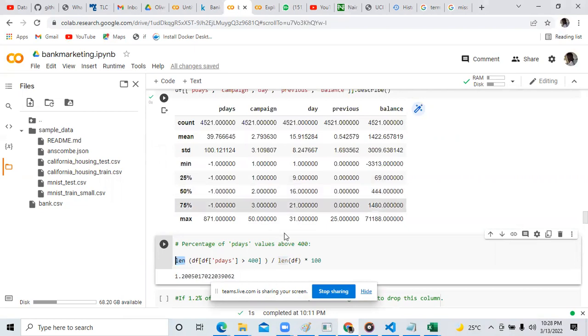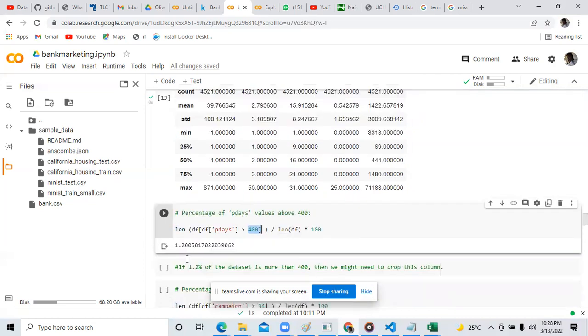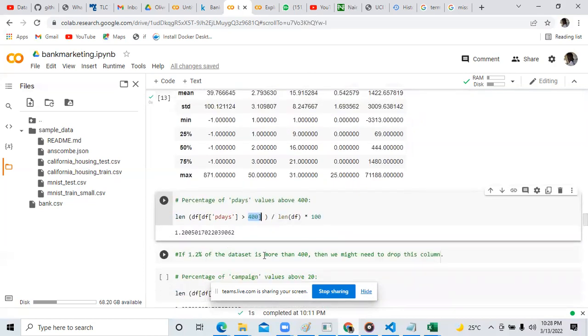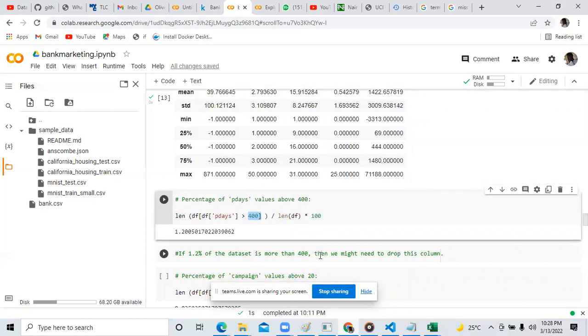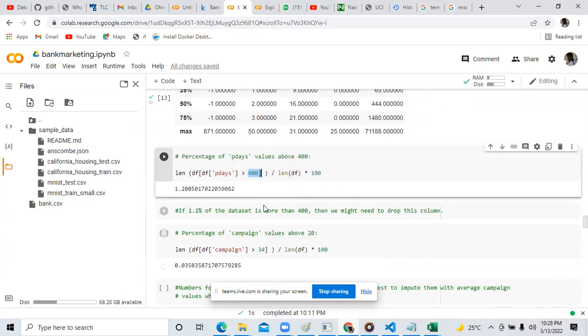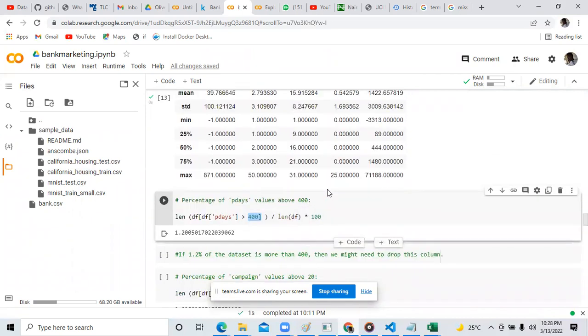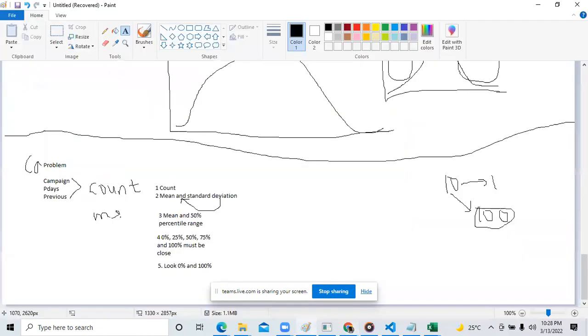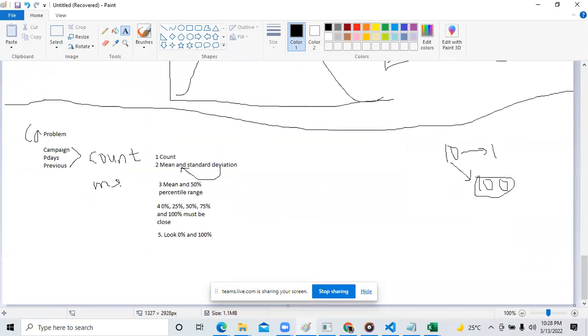But okay, let me see. What's the number of rows in P days that is more than 400, and multiply it by 1,000? So we find out that we have 1.2% data set that is more than 400, right? You can use anything. I just use 400, right?